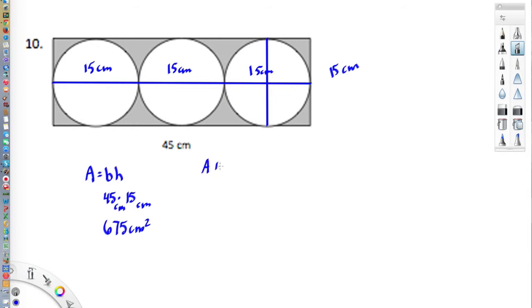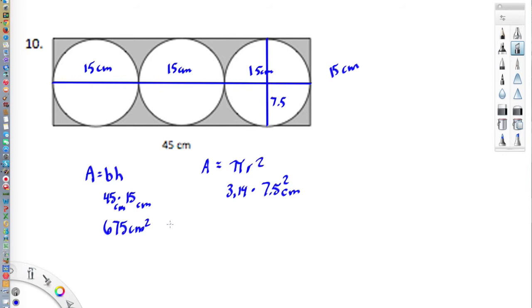So my area of each circle is pi r squared. Pi is approximately 3.14. My radius would be half of 15, which is 7.5 squared.